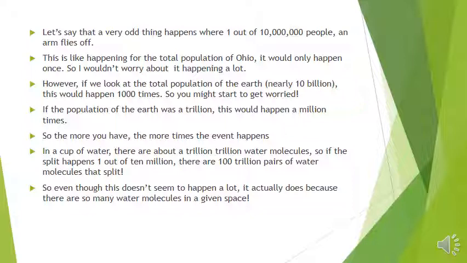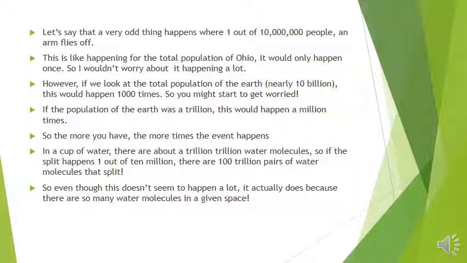Well, the total population of Ohio is about 10 million, so only one person in Ohio is ever going to have their arm fly off. I'm not going to walk around worrying about that happening to me, because that's not going to happen a lot.